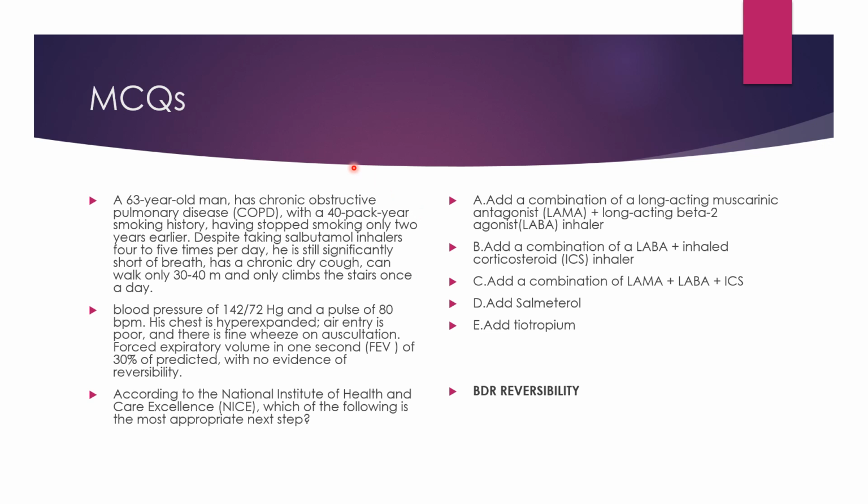So this part of the question is making it clear that the patient has uncontrolled COPD. You don't have to read everything slowly. You can go through it fast because you have an idea what the examiner is trying to tell you. He's basically telling you that the patient has uncontrolled COPD.